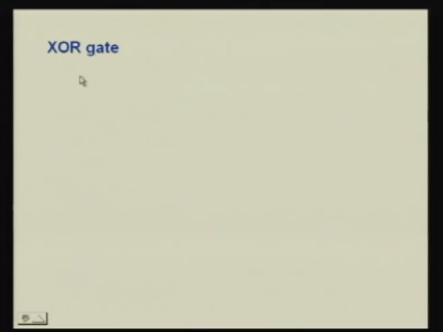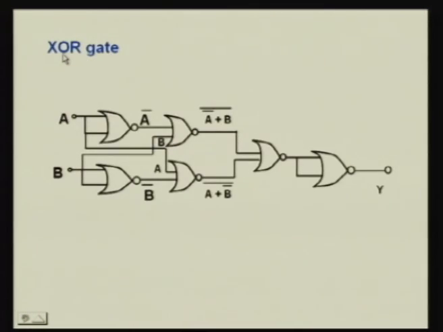Now how can we realize the XOR gate? Again, this is very simple. I have not written the details here. For the XOR gate, we need Y is equal to A bar B plus AB bar. Again, if we simplify by taking the double complement of both sides, we can easily get this circuit.